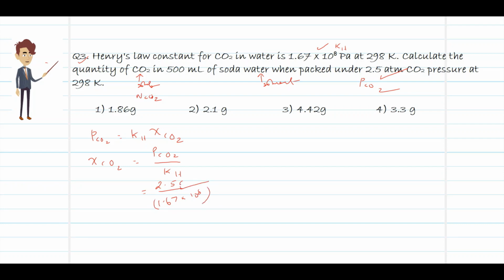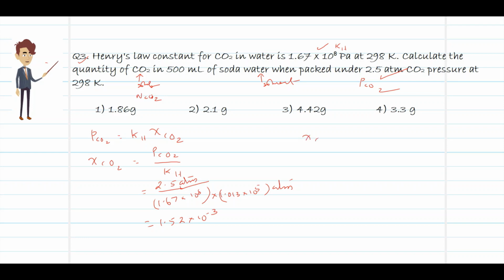So the numerator is in atmosphere, so the denominator also should be in atmosphere. Multiplying with 1.013 into 10 raised to 5, it becomes atmosphere. On solving, the value will be 1.52 into 10 raised to minus 3.